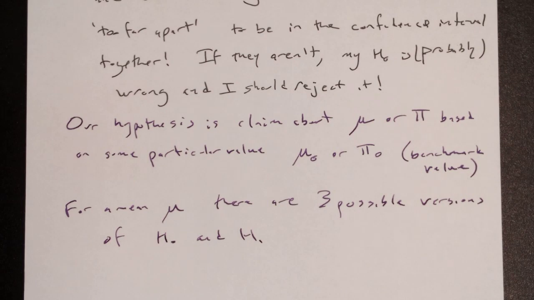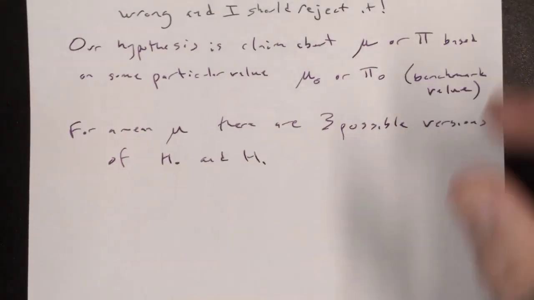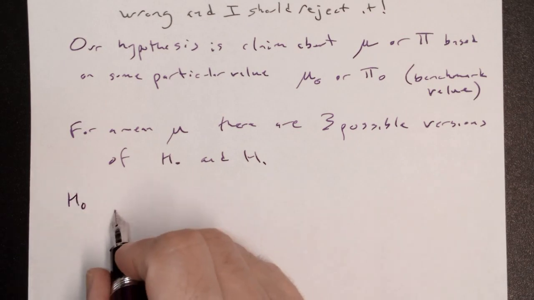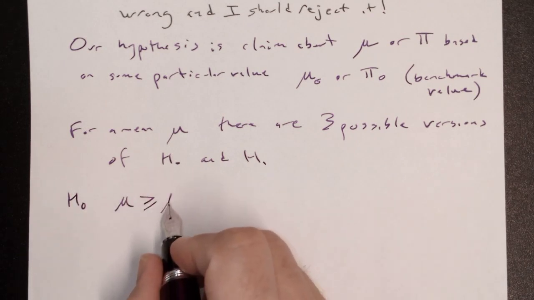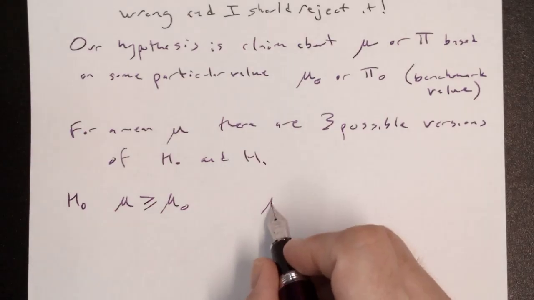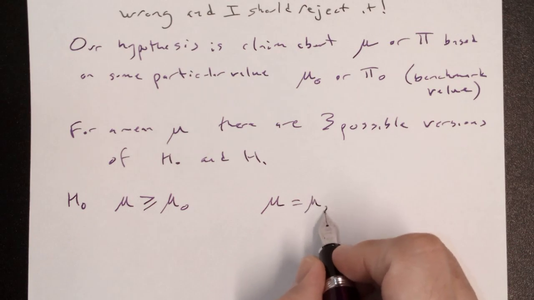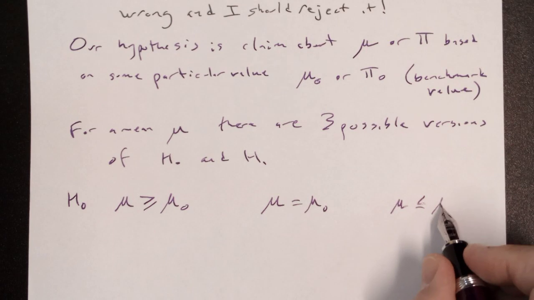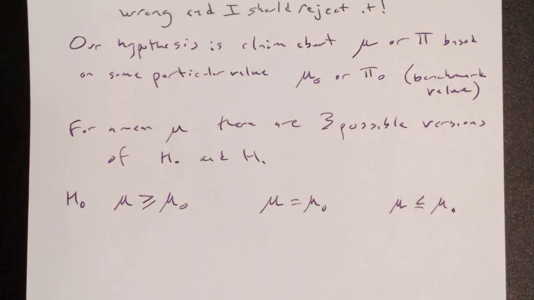I could say that the average is bigger than or equal to my benchmark. I could say the average is equal to my benchmark, or I could say that the average is less than or equal to my benchmark. These are the three different versions of H0.